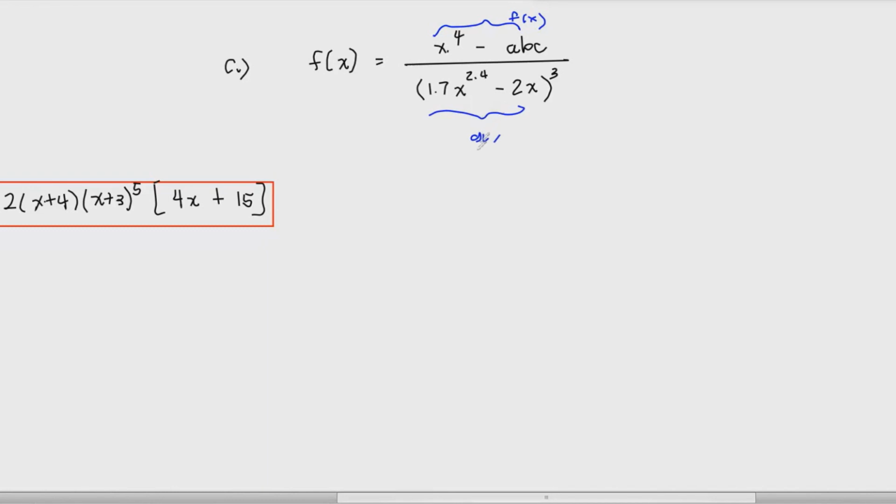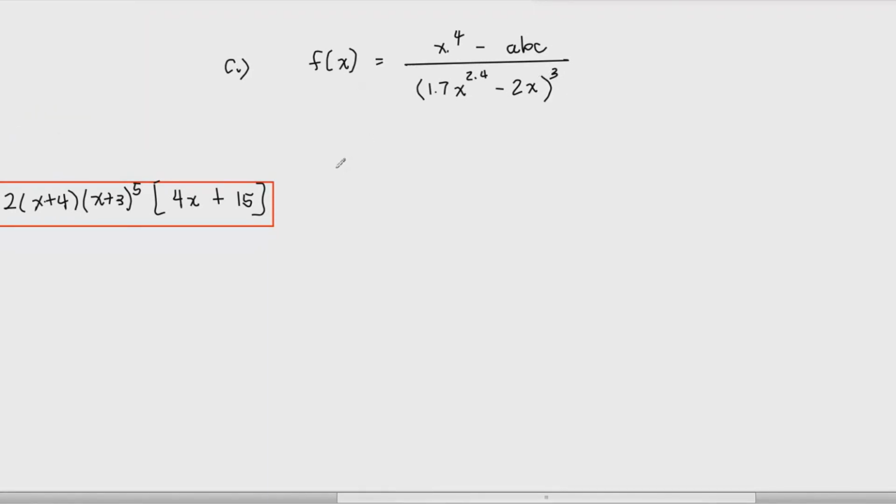So with that, it follows that we will be applying quotient rule here, and then use other rules that need to be applied along the process.